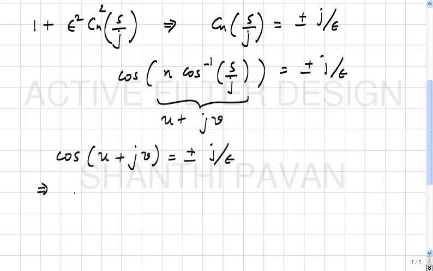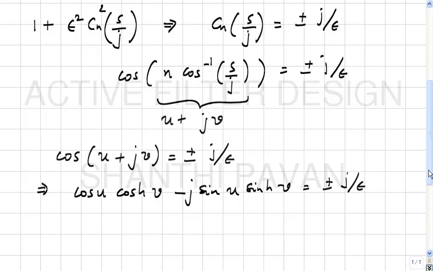and this means that cos u cos of jv, which happens to be cos hyperbolic v, minus sin u sin of jv, which happens to be j sin hyperbolic v, is plus minus j by epsilon.